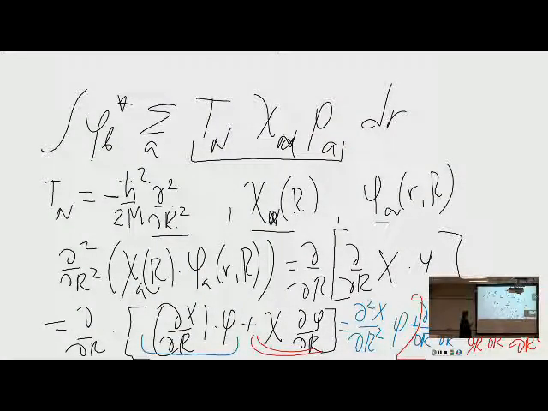It is another slide that we discussed a lot, right? So it was what we did there. Kinetic energy is a derivative. Here is the minus sign because of the imaginary unit, and we applied it to the product of the chi nuclear wave function and the phi electronic wave function, so it is the application of the derivative twice to the product.